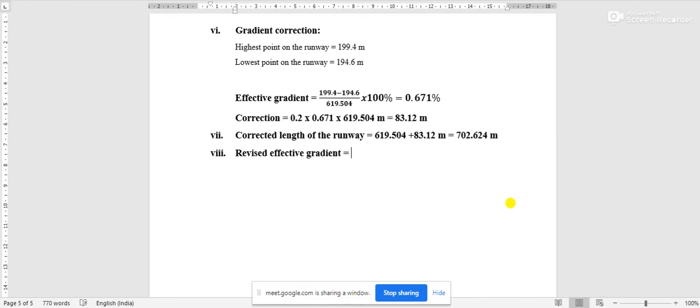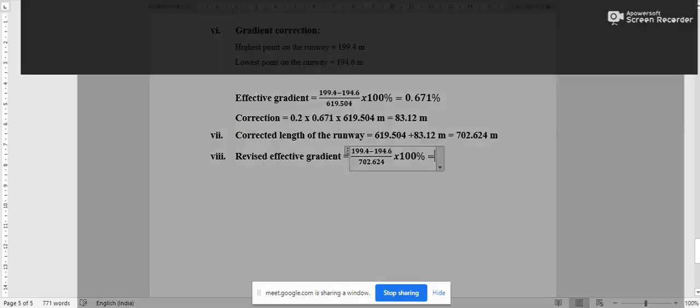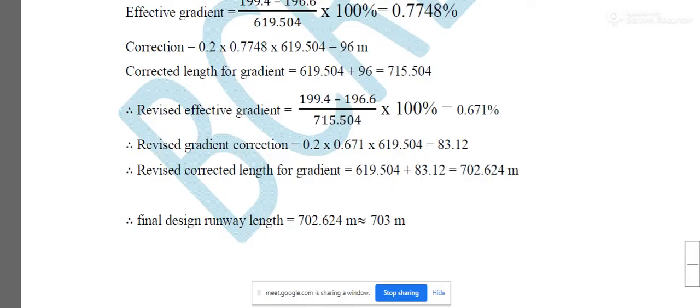Revised effective gradient is nothing but the same equation, but this length will be changed to 702.624.